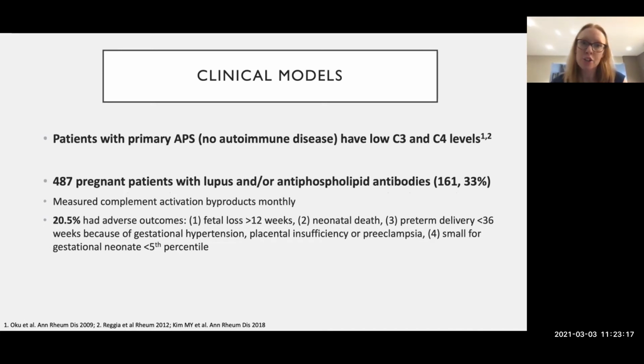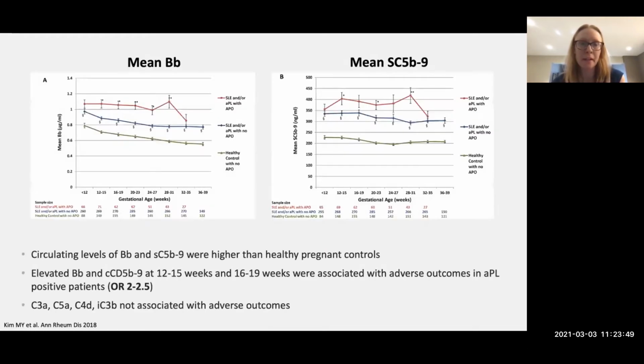And in a large prospective cohort study of 487 pregnant women with lupus and/or antibodies, these complement byproduct measures were measured monthly, and adverse outcomes were present in 20% of this cohort, with complications as listed here. And again, slight variations on each of these definitions, but overall that idea of the placenta-mediated pregnancy complications.